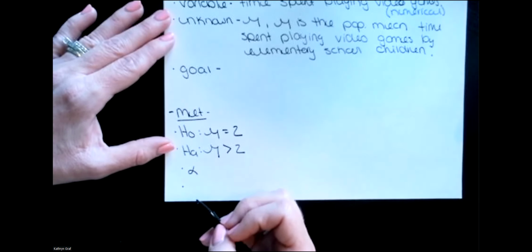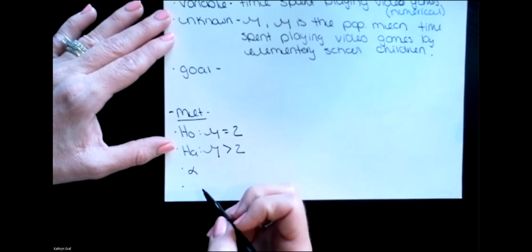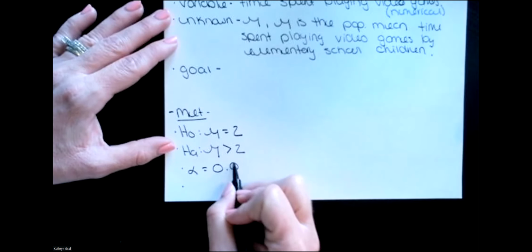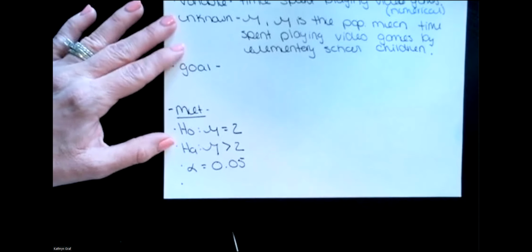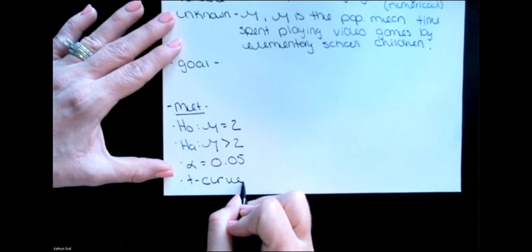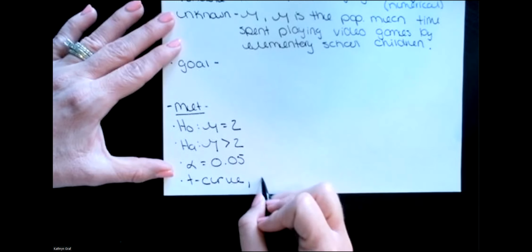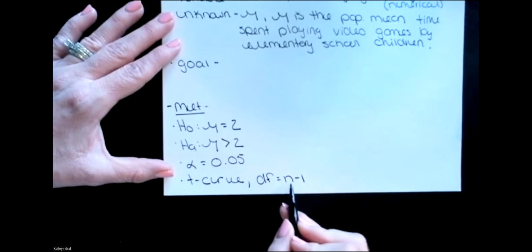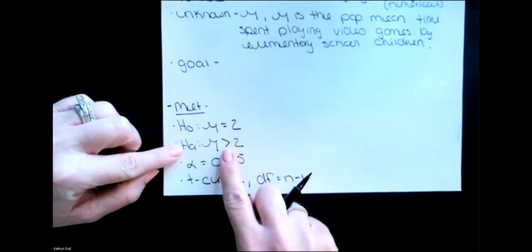Alpha was given to me in the problem. It says use a level of significance 5%. So 0.05. And since this is numerical, I'm on the T curve. And remember, the T curve changes shape based on degrees of freedom. So I just want you to write df equals n minus 1. You can put what n minus 1 is. Like you could say it's 30, but you don't need to at this point. All right, so my method step is complete, which is pretty quick, but I need to take my HA.